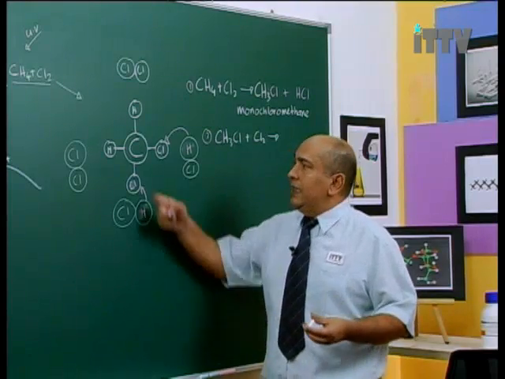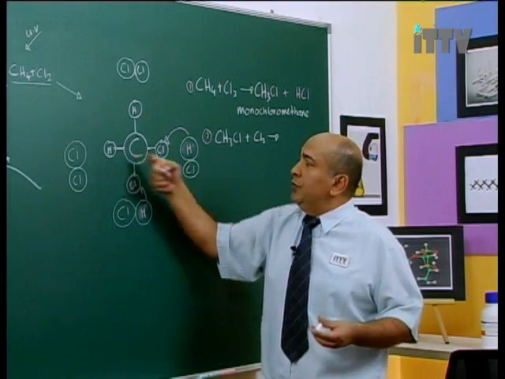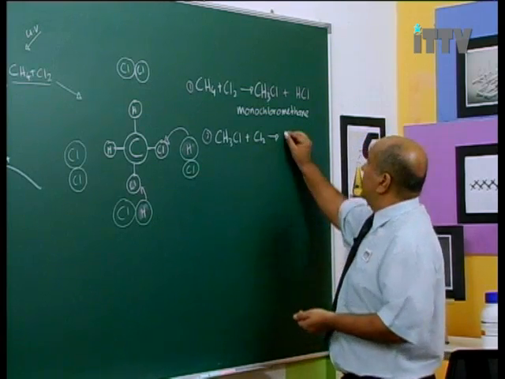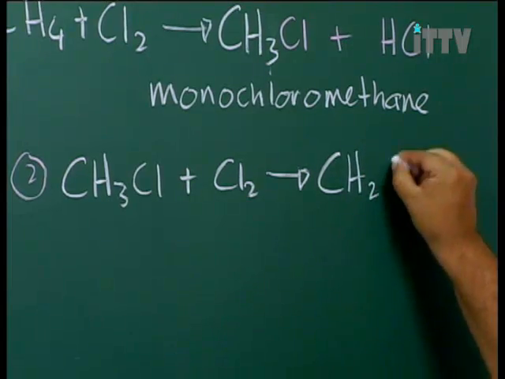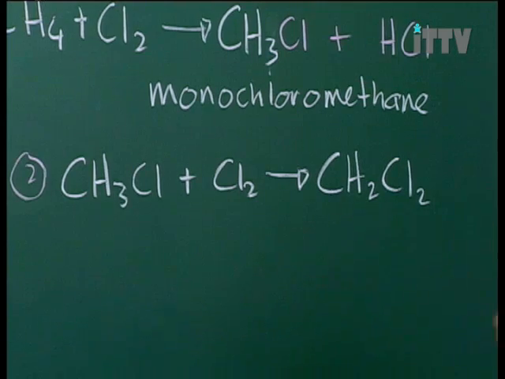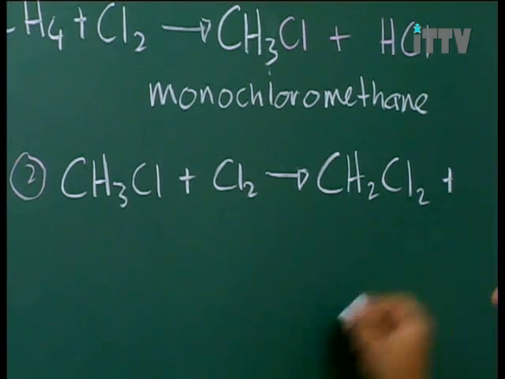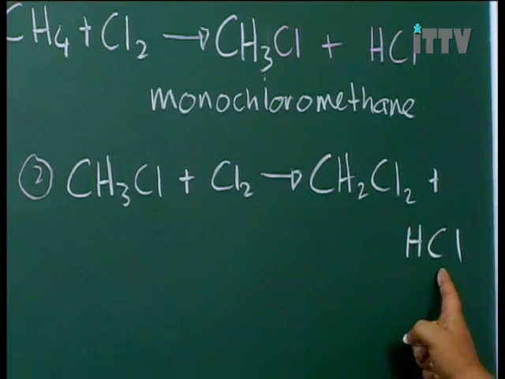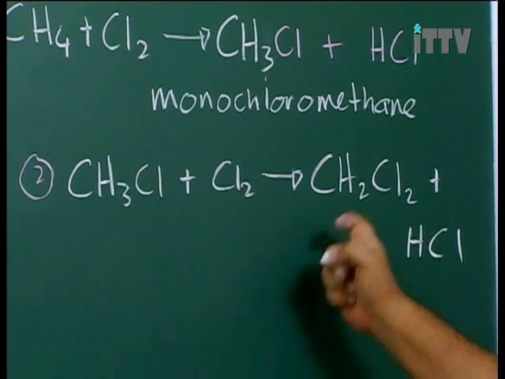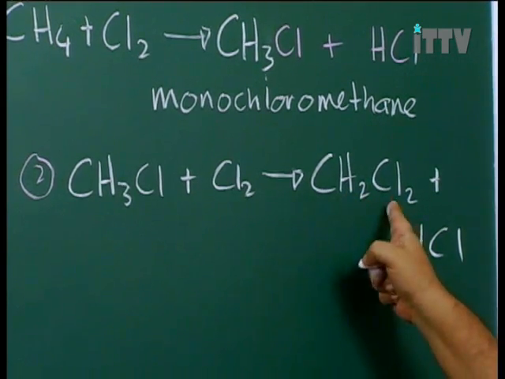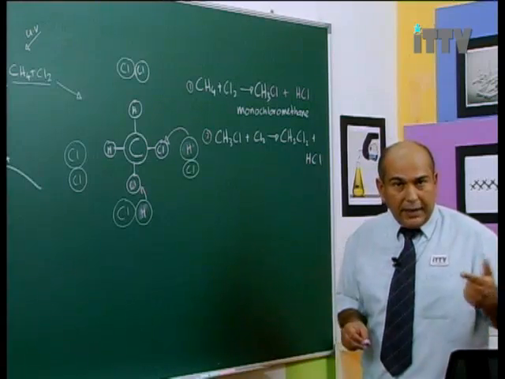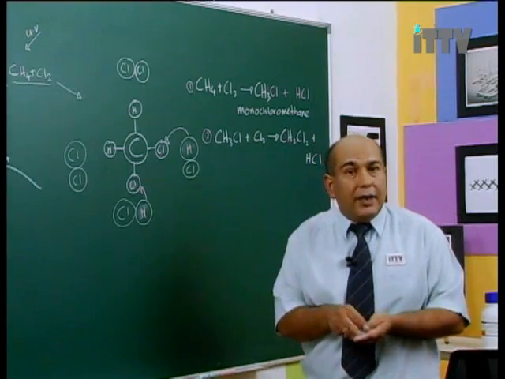Our product now is CH2Cl2, plus HCl. Now, what's the name of this? Well, this has 2 chlorines, so we'll call this dichloromethane. Get the idea?